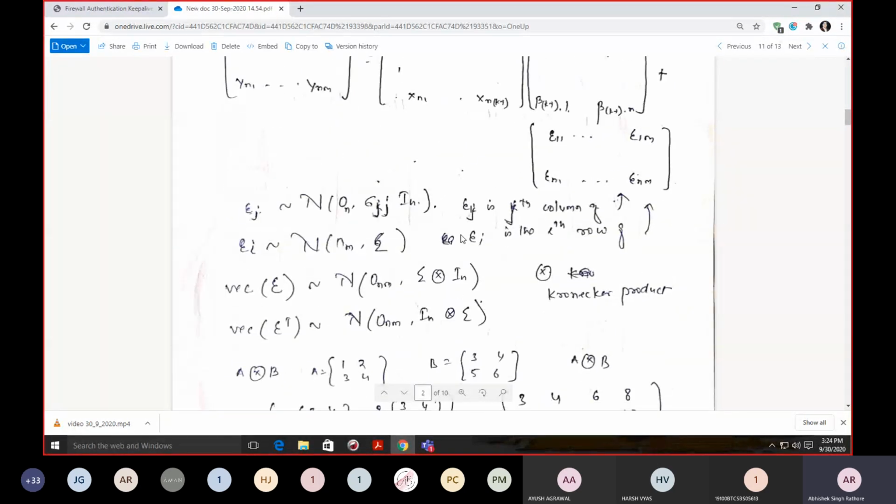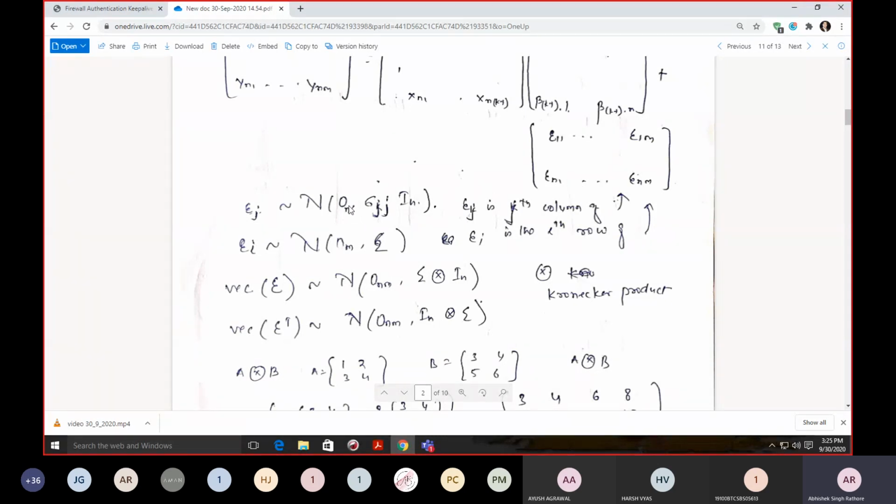So let's consider any item, say epsilon j. What it signifies is that j is the column of this error matrix. When we are considering the jth column, it follows a normal distribution with n number of zeros, because in that particular column we have n rows.